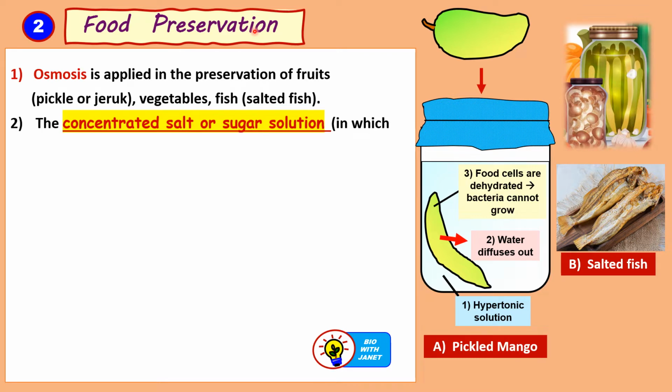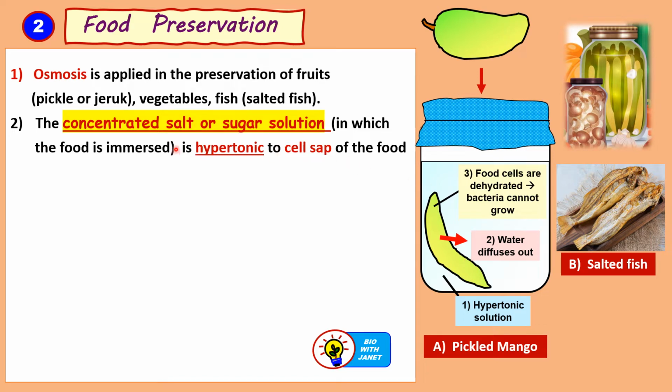So first of all, for example for mango, the mango slices are washed and cut up, and then a jar is prepared, which is clean and sterilized. Then a concentrated salt or sugar solution is prepared by dissolving salt and sugar in water and boiling the solution. You have to put in a lot of salt and sugar. Next, cool down the solution and immerse the mango strips inside it.